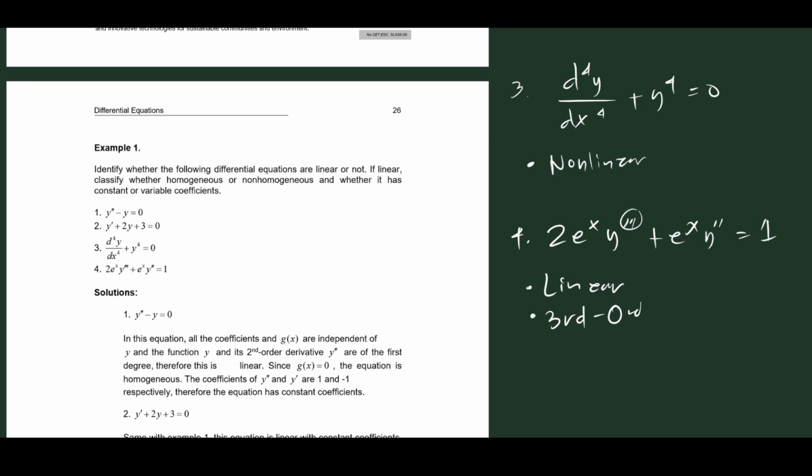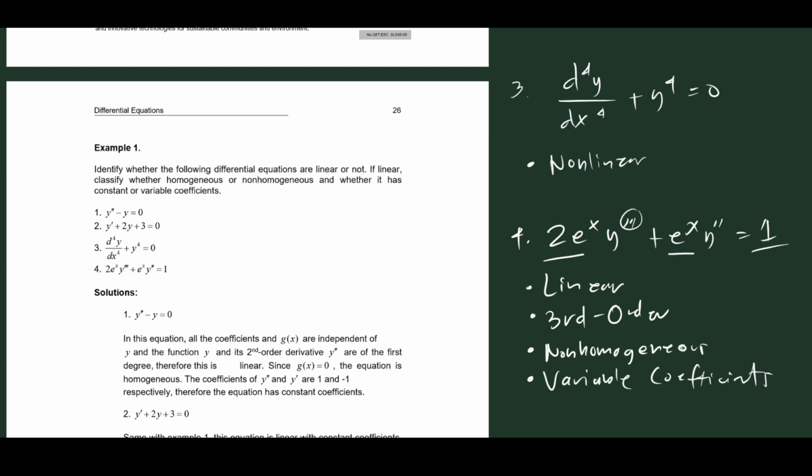The right-hand side is not 0, so this is non-homogeneous. And for the last one, let's see the coefficients on the left-hand side. These are not constants, so we say that we have variable coefficients.